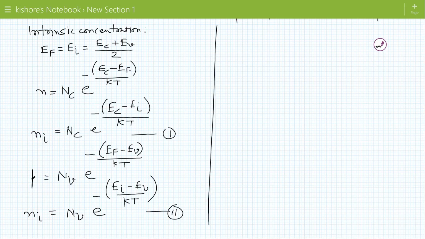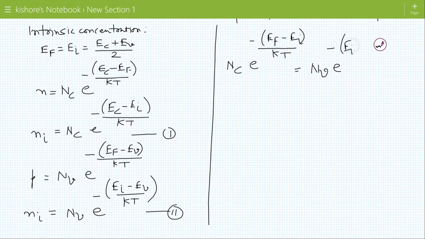Now, equating equation 1 and 2, we have Nc e to the power minus (Ef minus Ei) by kT, that is equal to Nv e to the power minus (Ei minus Ev) by kT.